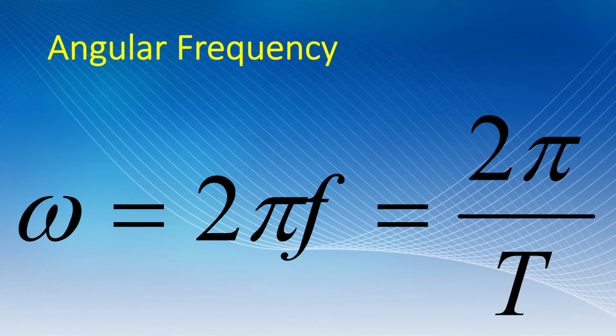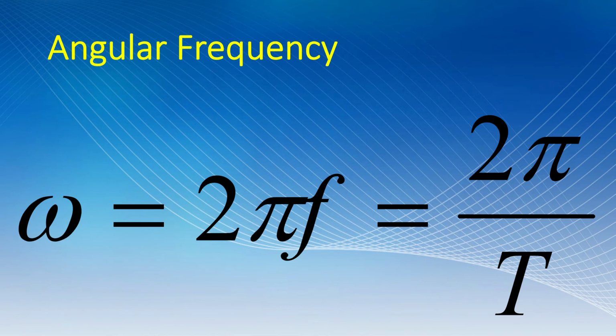Okay, now angular frequency. This is the symbol of your angular frequency. Angular frequency is sometimes used instead of frequency. It is commonly expressed in radians per second.